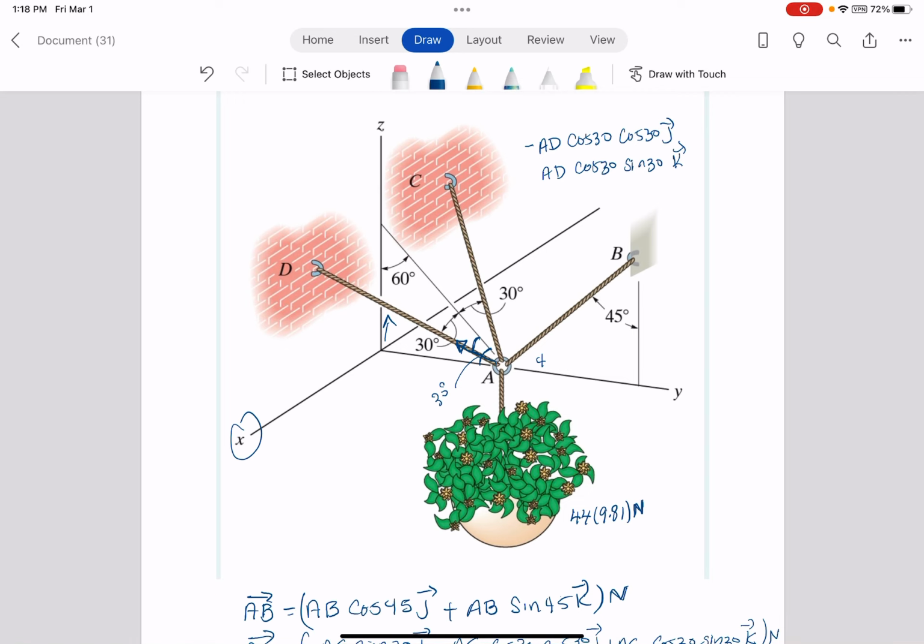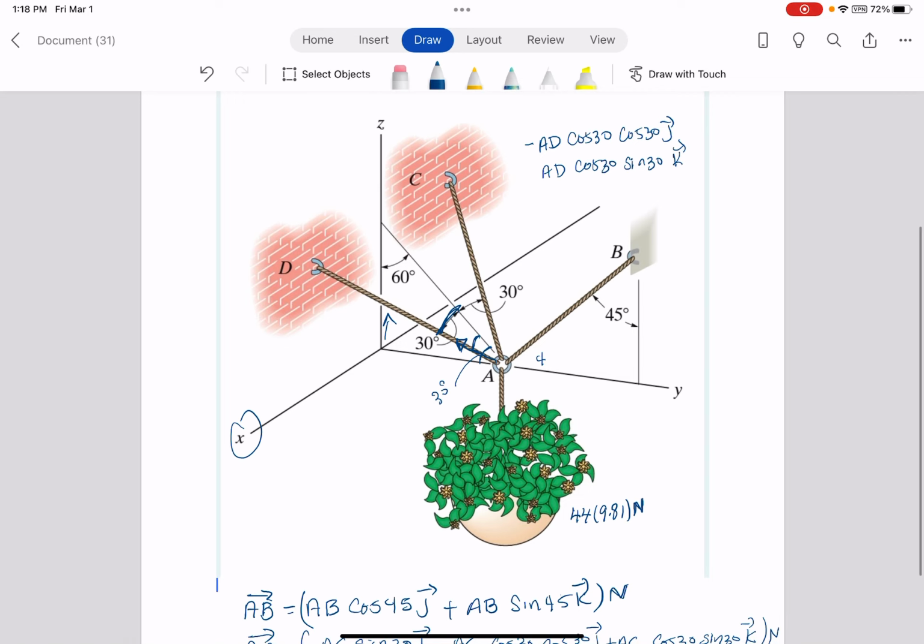It's not cosine 30, it's not this cosine, it's the other side of the angle, and that's going to be in the positive x. So this is going to be AD, not cosine, sine 30 in the i, or in the x.